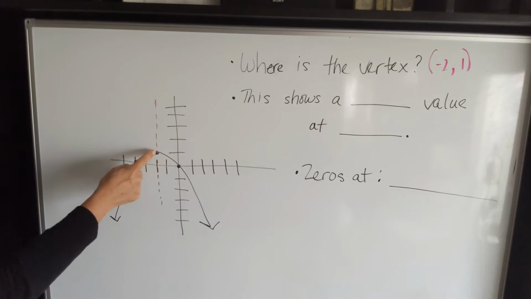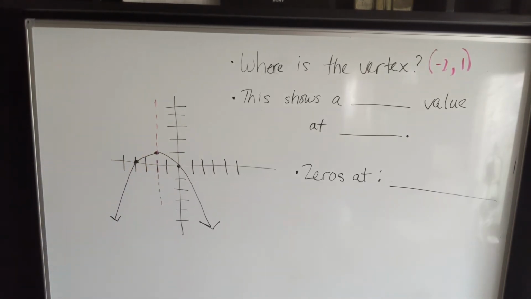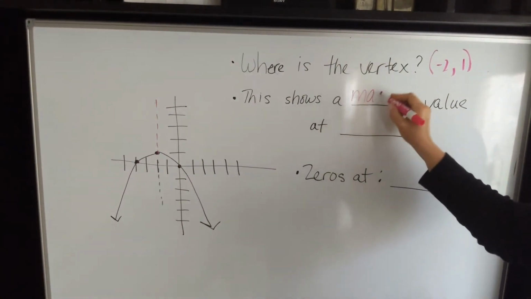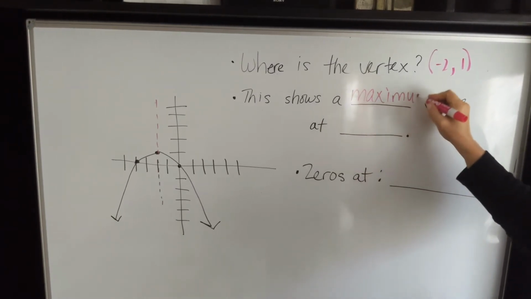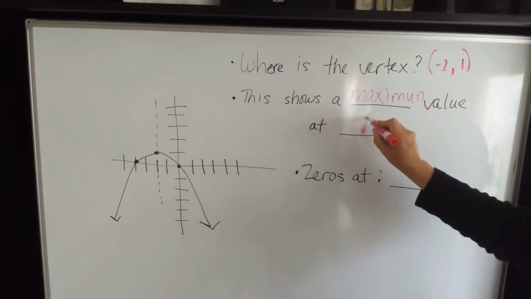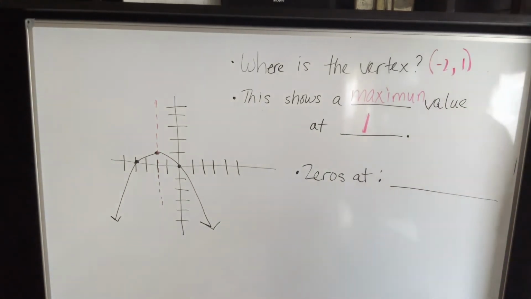Well, it's a maximum value of 1. It can't go above 1. That's it. So on your test, you're going to choose the answer that says a maximum value at 1. And it'll be pretty clear on the test. You'll see those two words together, whether it's a minimum or a maximum.